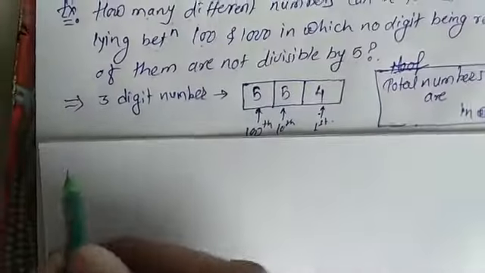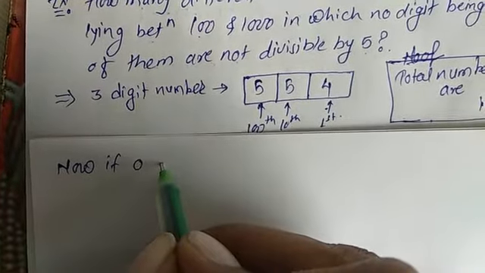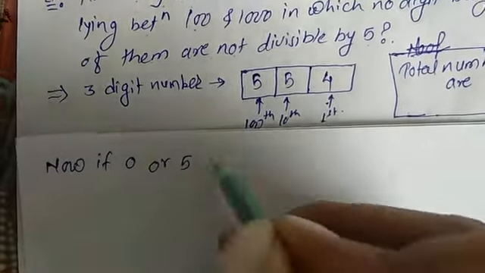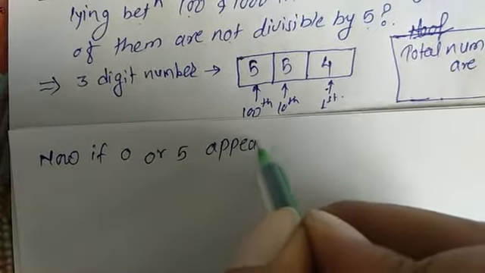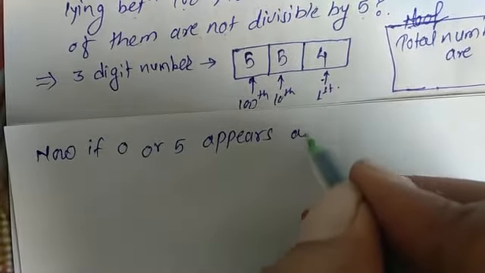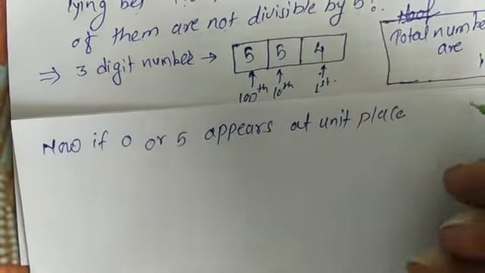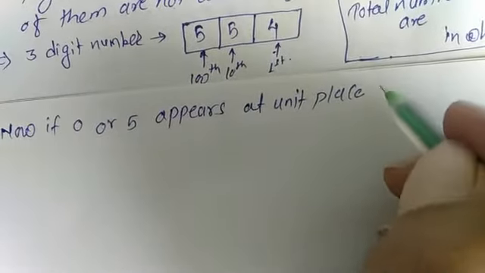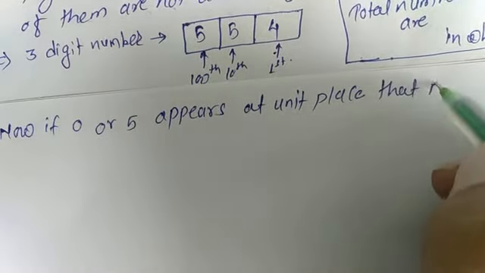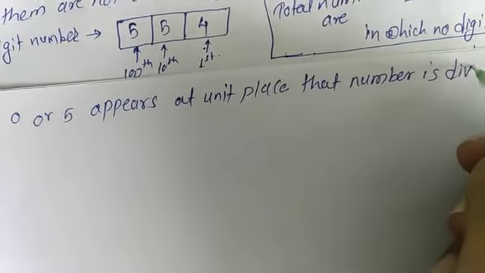Now if 0 or 5 appears at the unit place, then that number is divisible by 5.